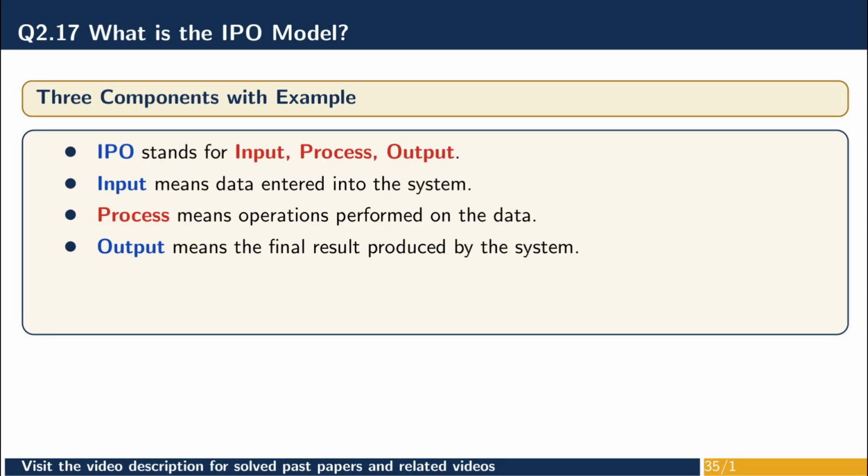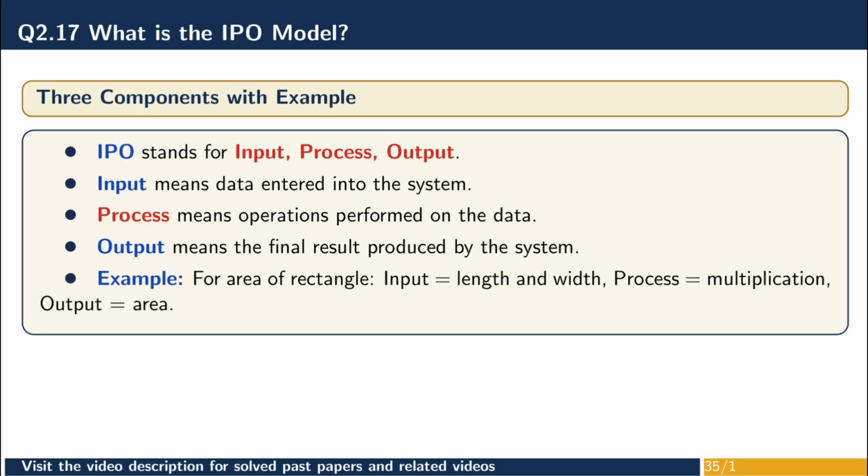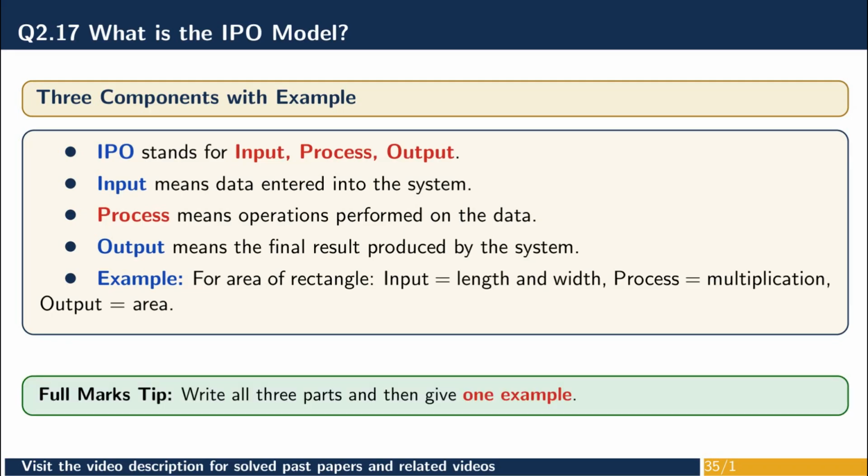Output means the final result produced by the system. Example, for area of a rectangle, input is length and width, process is multiplication, while output is area. Full marks tip: write all three parts and then give one example.